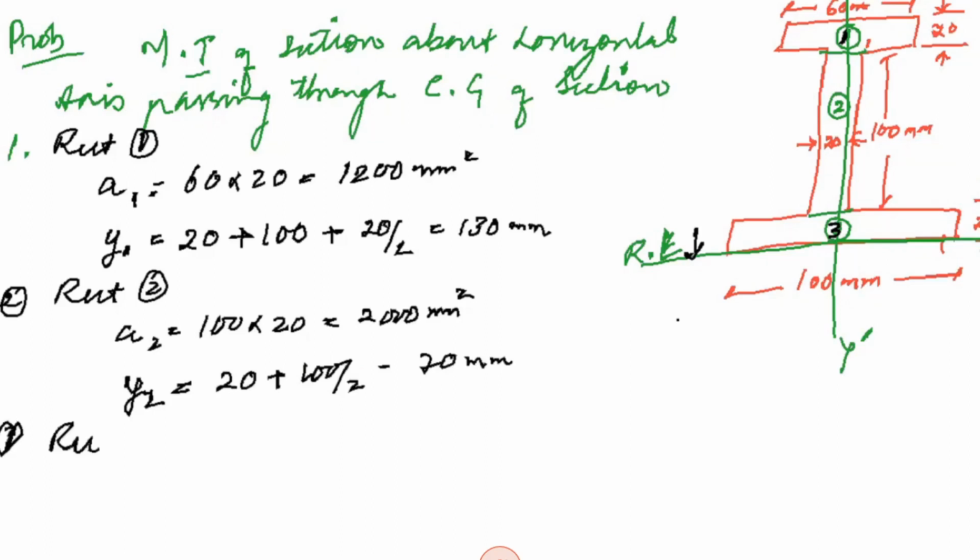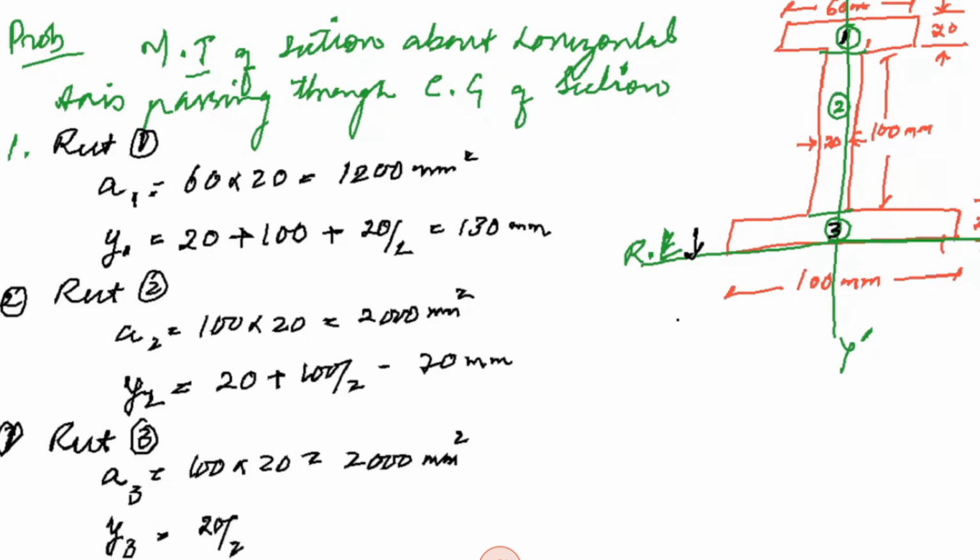And then we have rectangle 3. A3 will be again 100 cross 20, which is equal to 2000 mm squared. And y3 will be at its center, that is, 20 is its total depth, 20 by 2 will be equal to 10 mm.